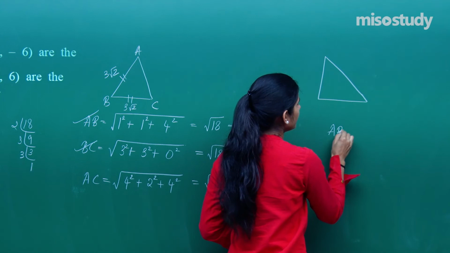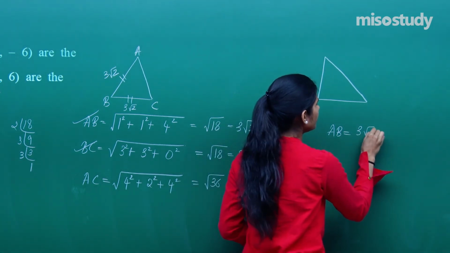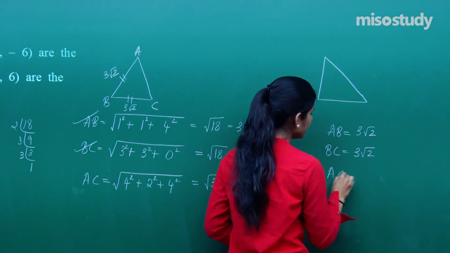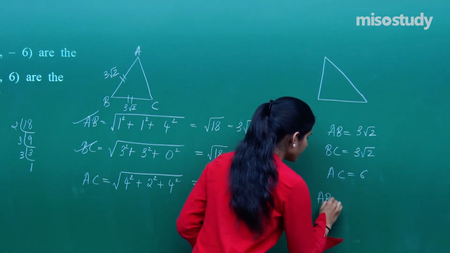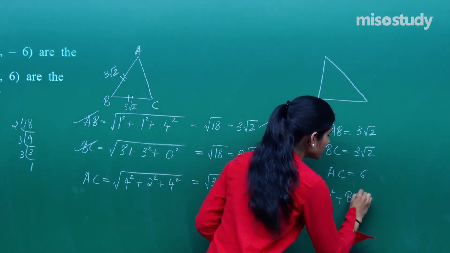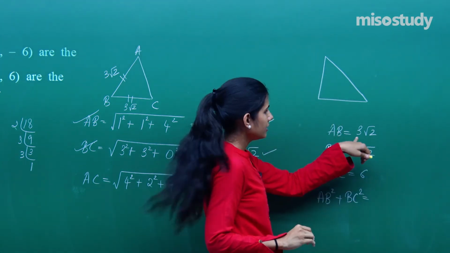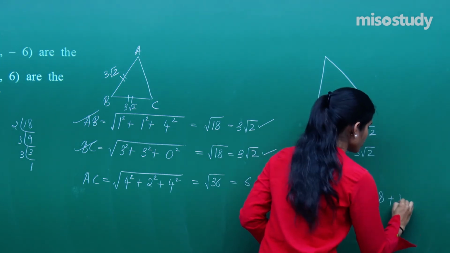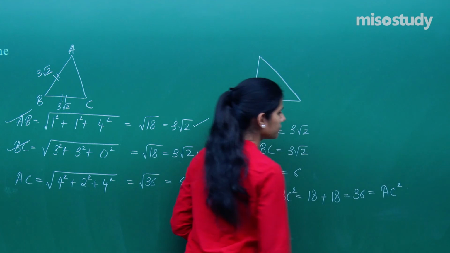So if AB with the new set of vertices in the second part comes out to be 3 root 2, BC comes out to be 3 root 2 and AC comes out to be 6, then clearly AB square plus BC square is 3 root 2 square, which is 9 into 2 is 18, here also 18, which is 36, which is AC square.